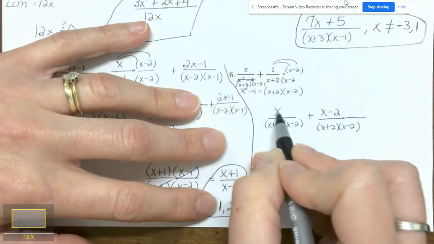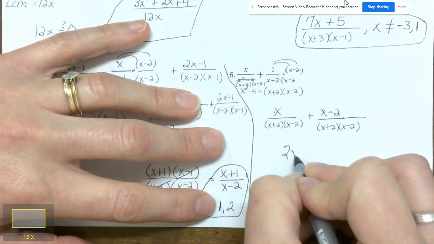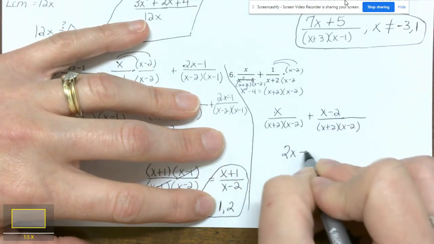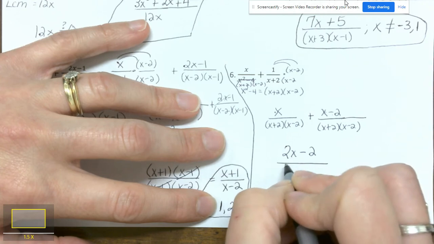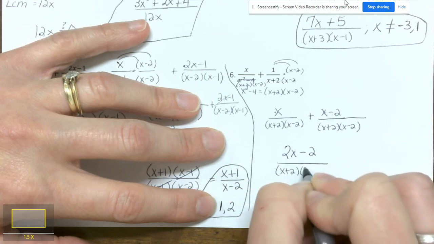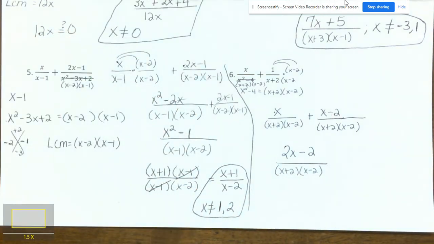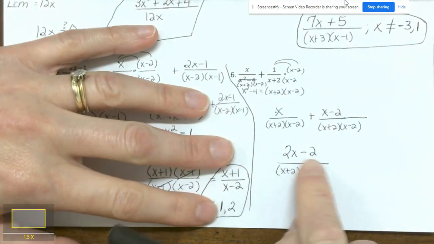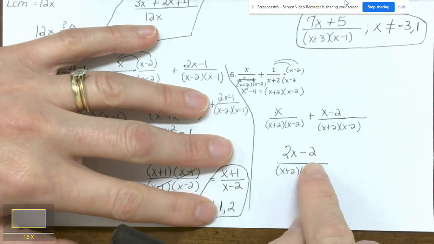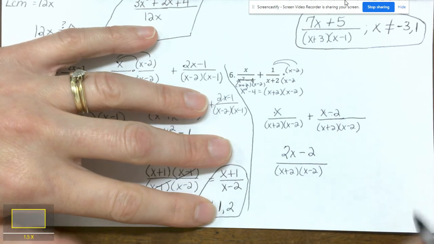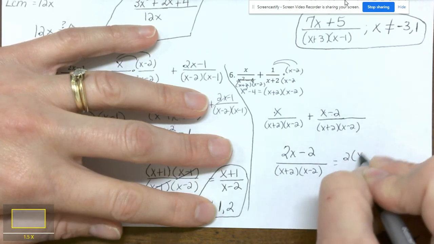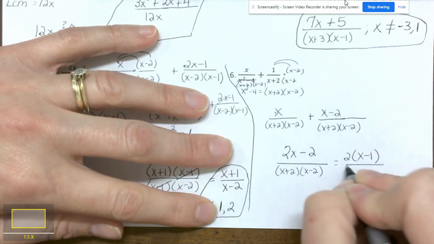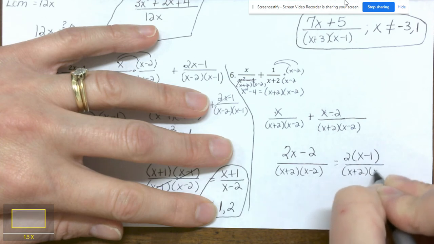Now we're going to add x plus x, that's 2x, and then we've got that minus 2 out there, over x plus 2 times x minus 2. Now, these both have a 2 in common. So if I took out a 2, that would be 2 times x minus 1 over x plus 2 times x minus 2.